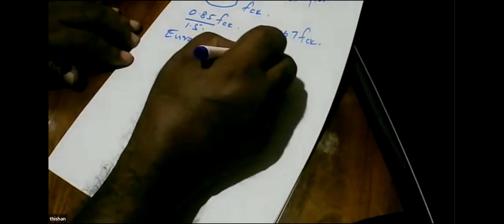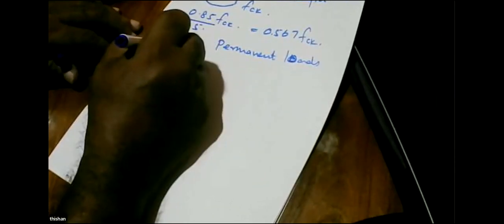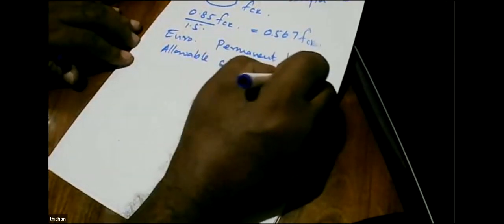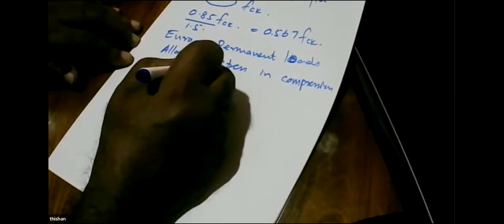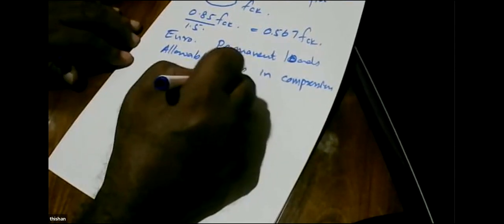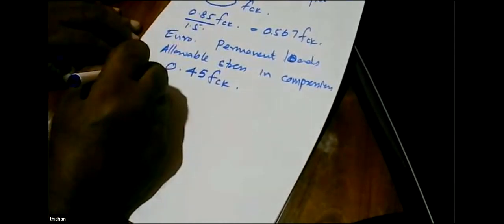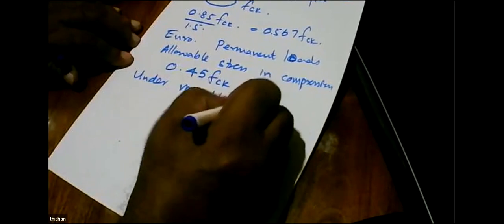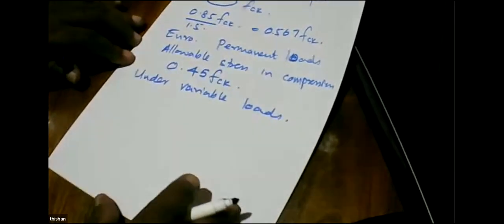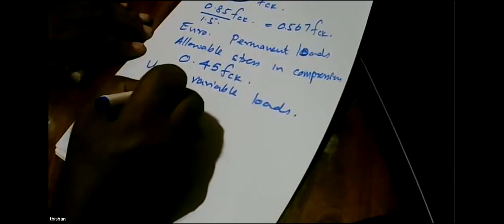So in the Eurocodes, under permanent loads, the allowable stress in compression is 0.45 times FCK, but under variable loads, not under permanent loads, you can go up to 0.6 times FCK.